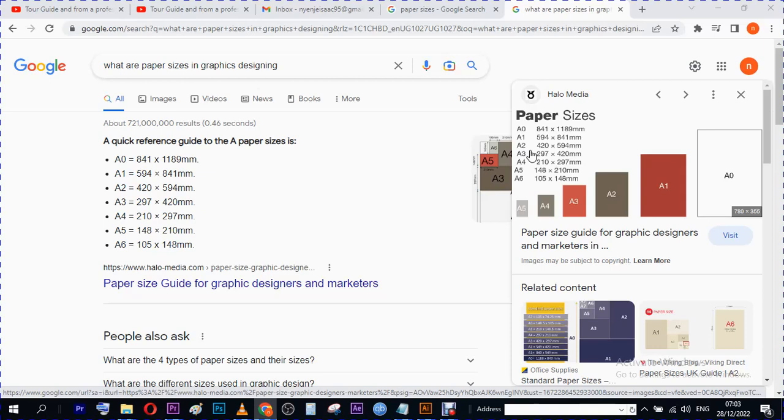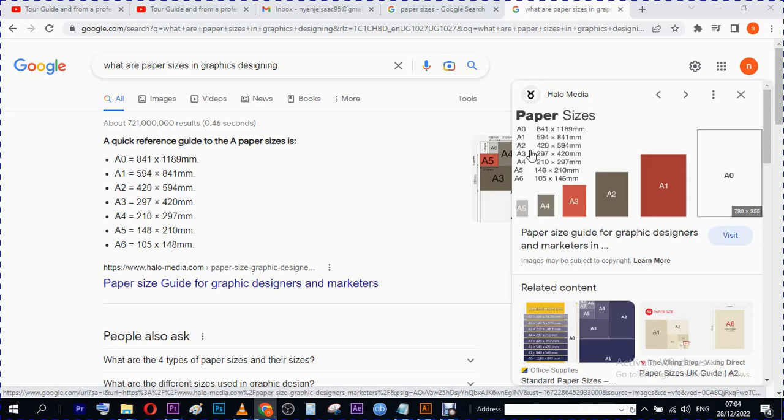Understanding paper sizes is important because if someone comes to you and says, design me a business card, design me a poster, design me a brochure, each of those designs has a standard paper size where it should be designed.